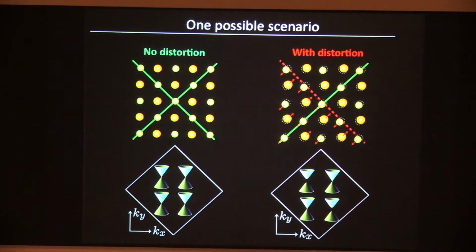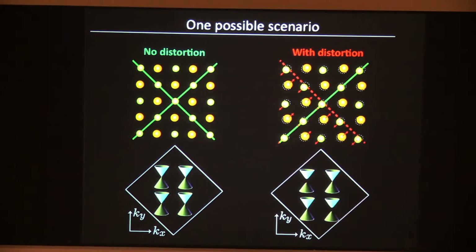If you make this distortion, then what you notice is that along this direction, these are the two mirror symmetry lines, you still preserve mirror symmetry, reflection symmetry. But along this direction, mirror symmetry is broken.